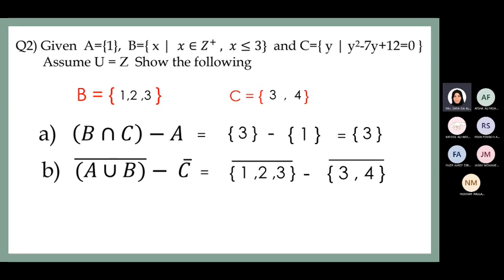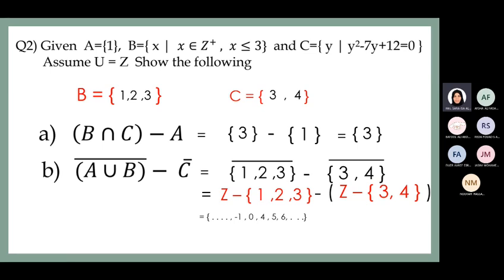What does complement mean? Complement means everything in the universal set except the set itself, removing it. So the complement of {1, 2, 3} will be Z minus {1, 2, 3}, and the complement of {3, 4} will be Z, because my universal set is Z, minus {3, 4}.